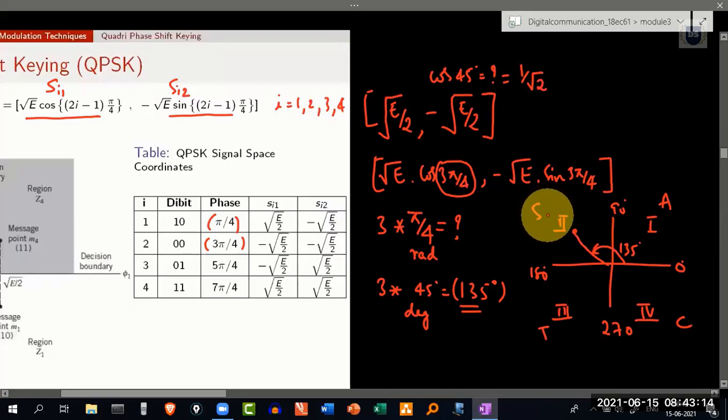Because of that, the cos gives a negative value, which results in minus 1 by root 2. Likewise, for my second point, we are in the second quadrant where sine is valid, so I won't get any negative sign. I'll just have 1 by square root of 2.